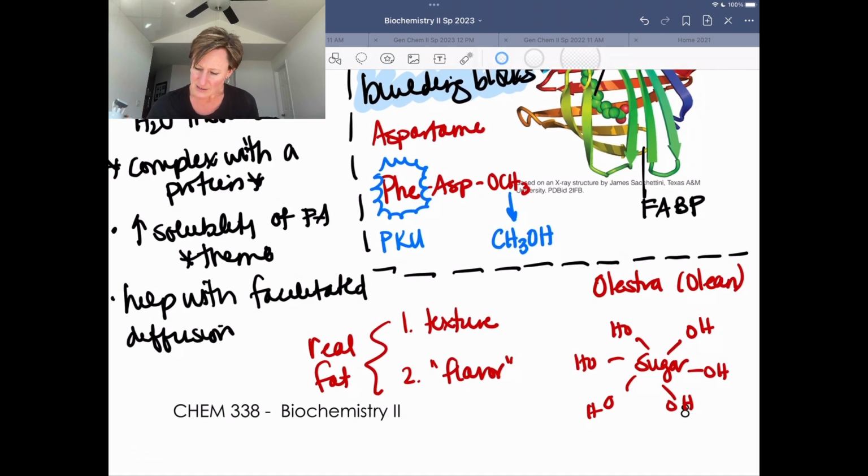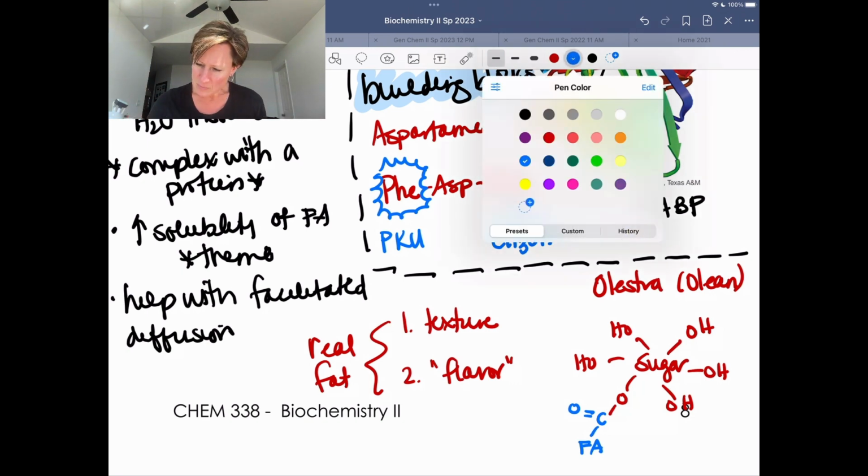So let's replace one of these OH groups now with an O, and then attach a fatty acid onto it. So imagine doing this all the way around this wheel. We have a molecule that is fat-like, but here's the big key here.